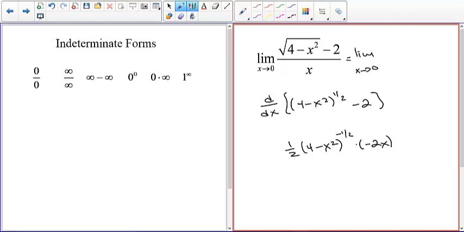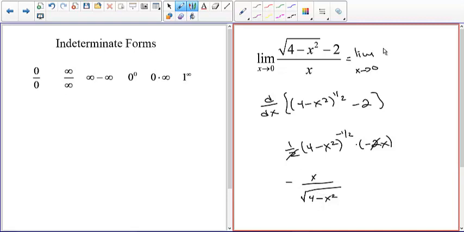So you take the derivative of what's in the parentheses. So that's the chain rule. So let's move the square root term to the denominator and cancel the 2's out. So we'll end up with negative x divided by the square root of 4 minus x squared.